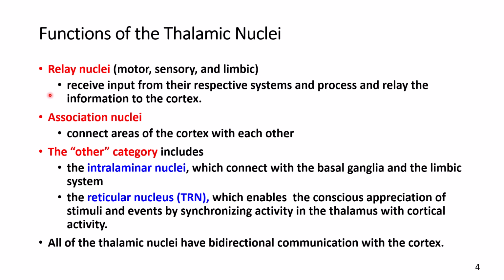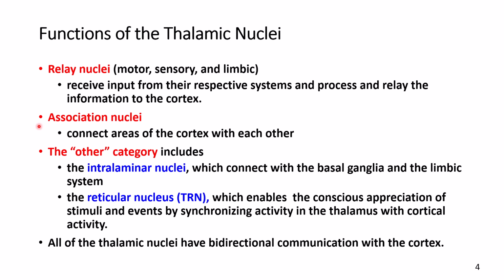Relay nuclei process sensory, motor, and limbic information, and they contain the ventral group and the dorsal group, the anterior nuclei, and also the geniculate nuclei. There are a lot of different ones, and they have bilateral communication with the cortex of the brain.